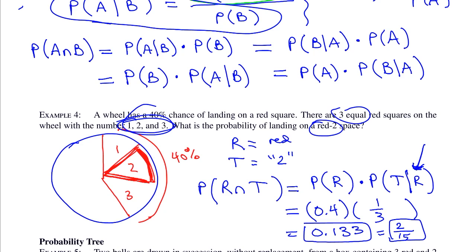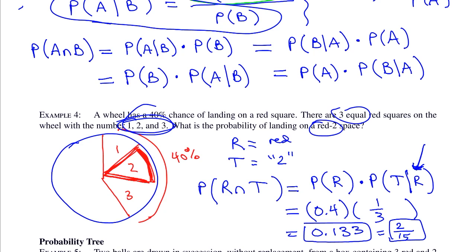Now, what's the obvious question you should have for me at this point? How many formulas do you have for intersection? Yeah. So the question is, could we have used the other formula to do the intersection?